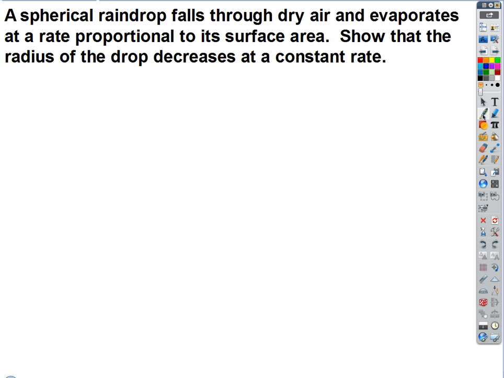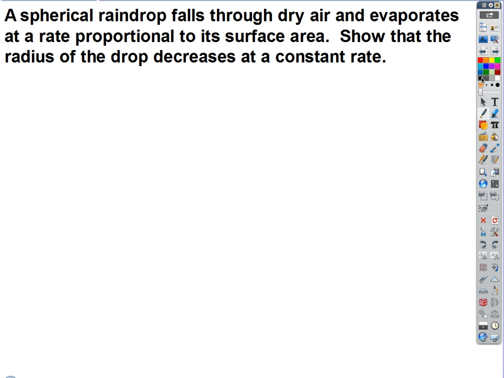Does that make sense? So it totally makes sense that the rate of evaporation is proportional to the surface area. When the drop has a big surface area, more water is going to be evaporated per unit time than if it were small, right? Okay, so we're given that.